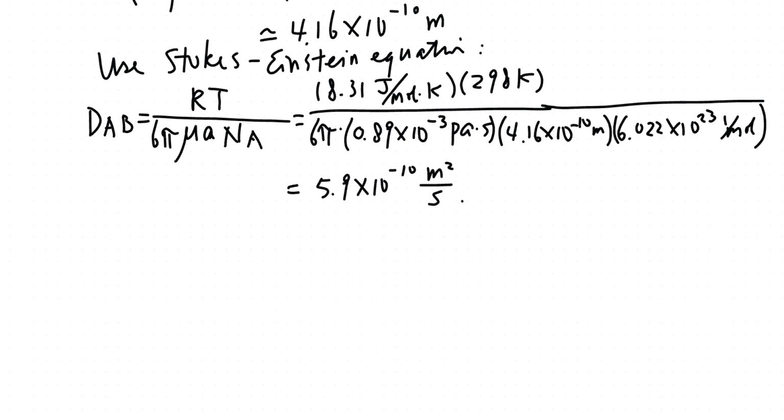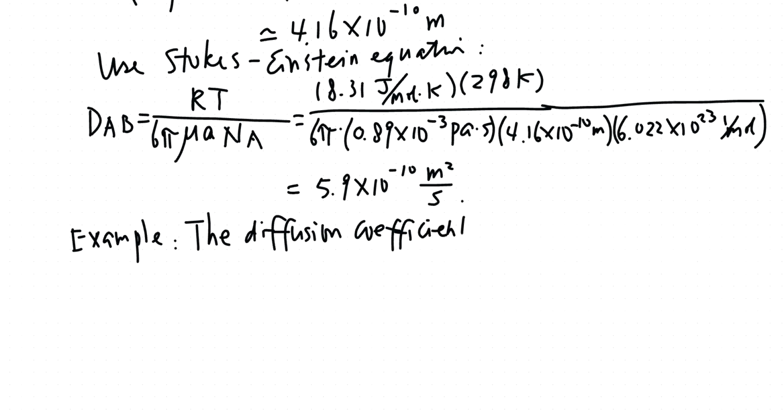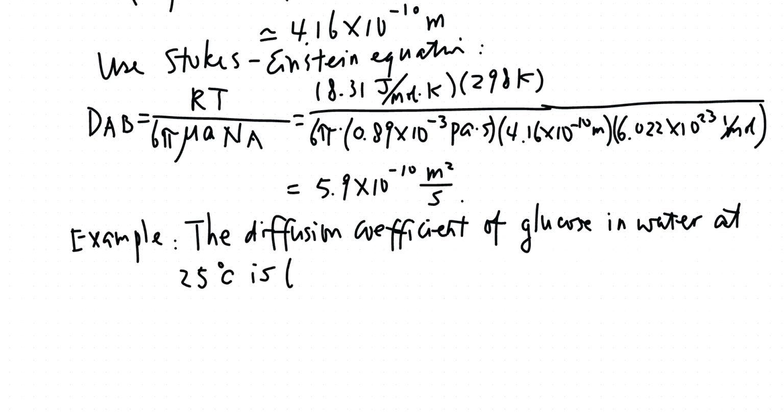Let's look at it. The diffusion coefficient of glucose in water at 25 degrees C is 6.7 times 10 to the minus 10 meters squared per second.